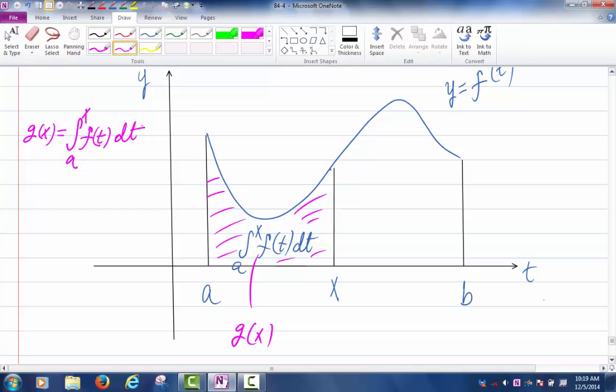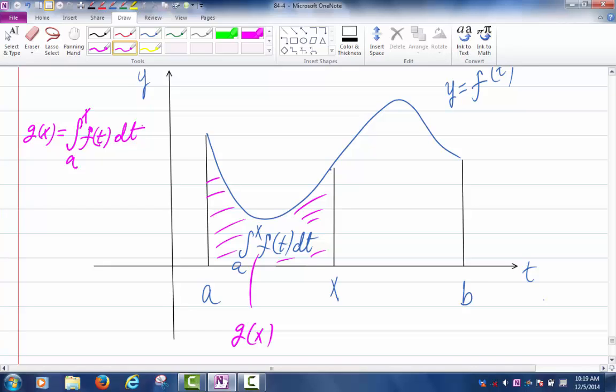Then what's the meaning of g of x? Well, if you look at it, g of x will be the area below the integrand above the interval from a to x. So a to x, area below the integrand, that's exactly this area here. This magenta region, that's the area. So that's the value of g of x, right? If f is non-negative. Okay?